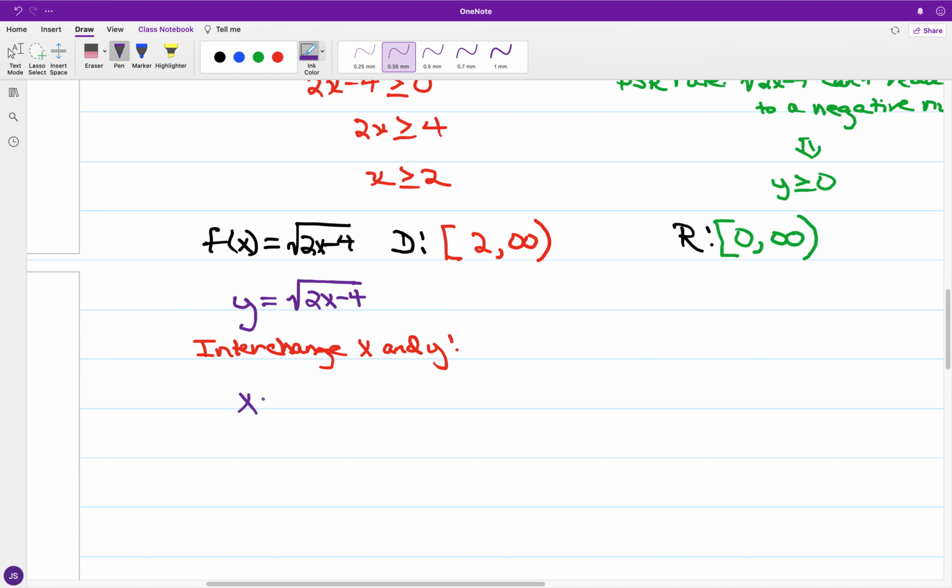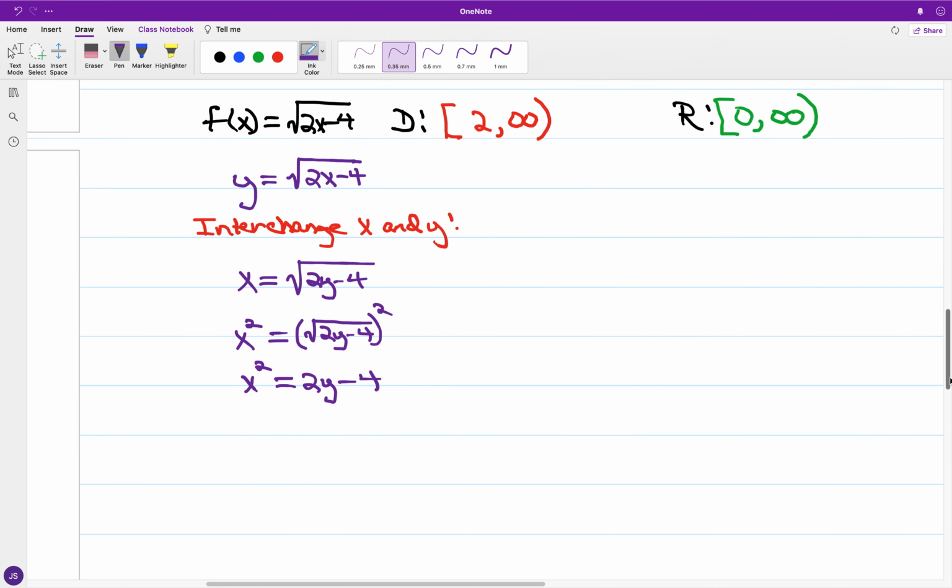So we're going to have x is equal to the square root of 2y minus 4. I want to solve for y, but right now 2y minus 4 is in the square root. So I can eliminate the square root upon squaring both sides. And so I have x squared equal to 2y minus 4.